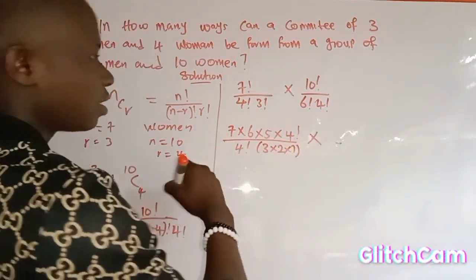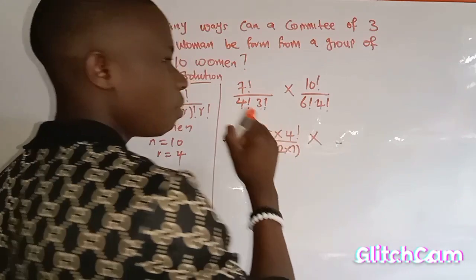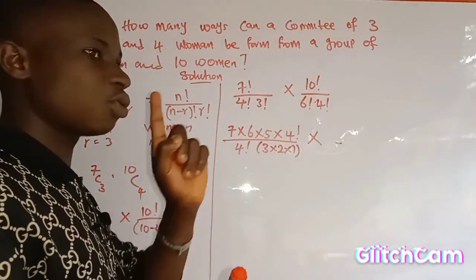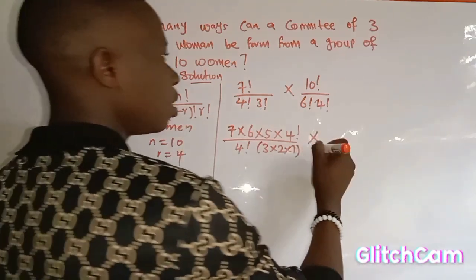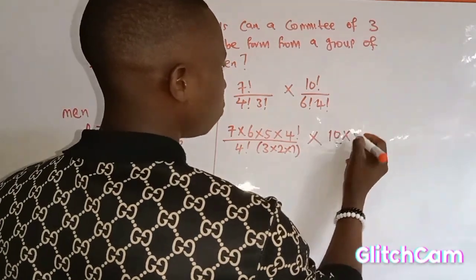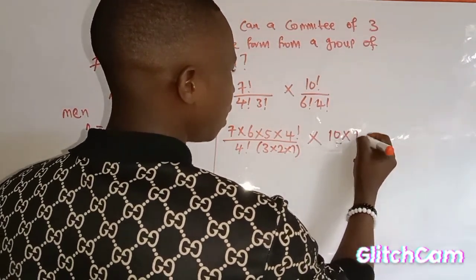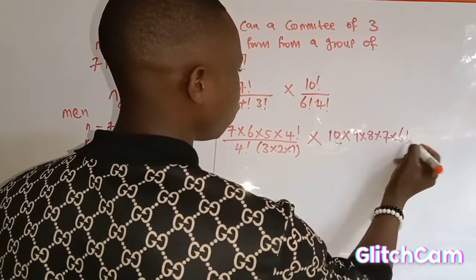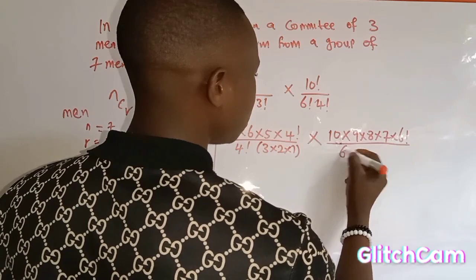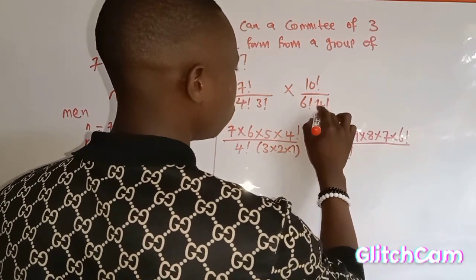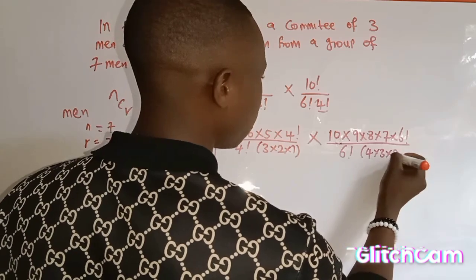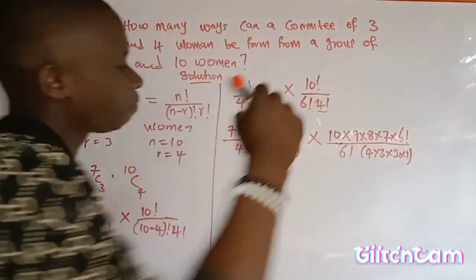To the right hand side, I have 10 factorial, and remember the denominator, the highest factorial there is 6, so we are going to stop at 6 factorial. So I have 10 multiplied by 9 multiplied by 8 multiplied by 7 multiplied by 6 factorial, everything over 6 factorial. Then I will express this as 4 multiplied by 3 multiplied by 2 multiplied by 1.